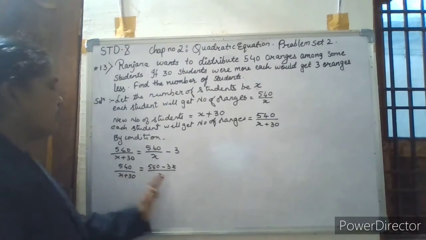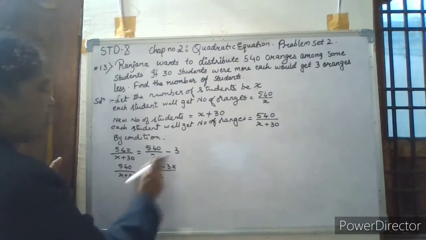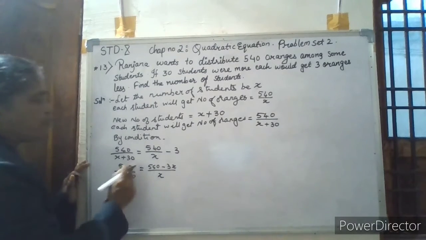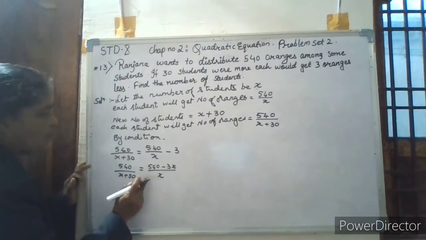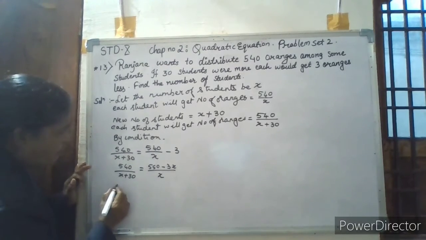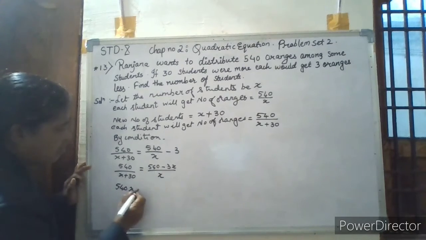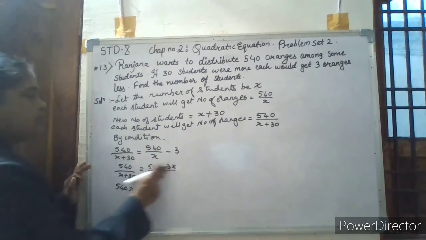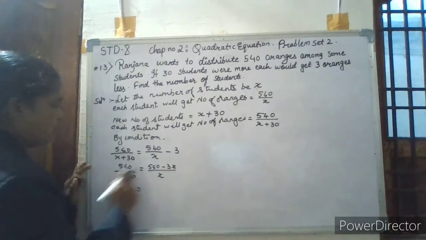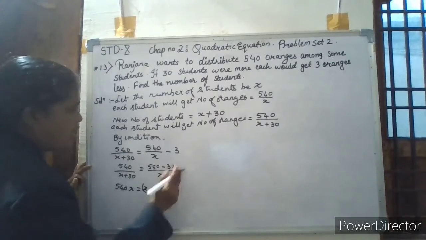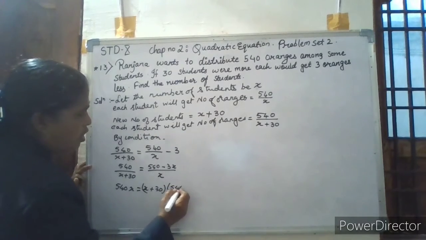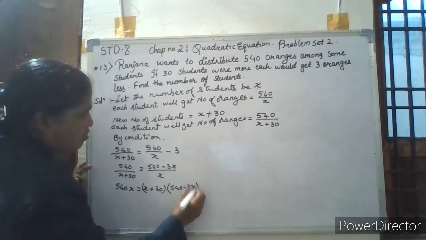Now we can do cross multiplication again and form the quadratic equation: 540 into x is equal to x plus 30 into 540 minus 3x.